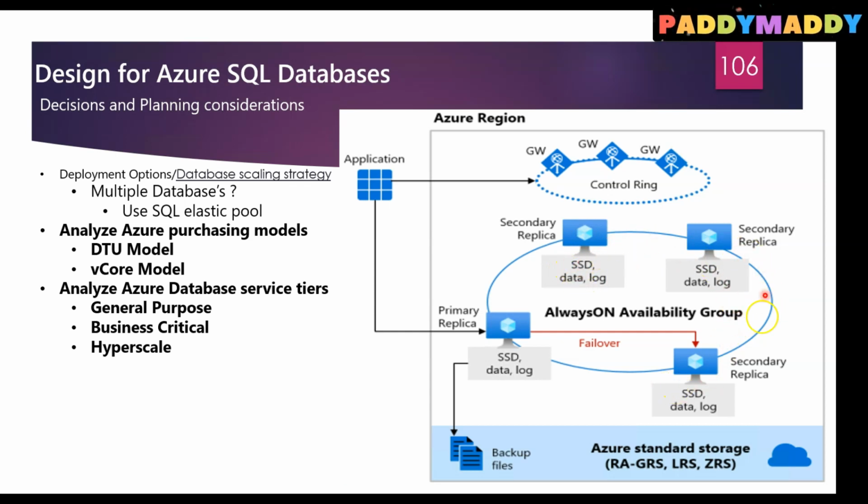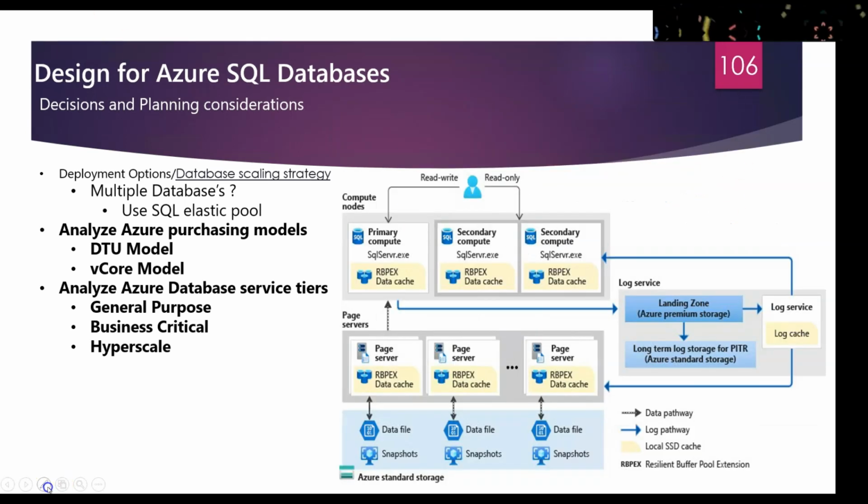It's one of the premium things you could utilize. It also uses premium SSD storage, and you utilize RA-GRS, read-access geo-redundant storage, for your backups also. It's a great option.